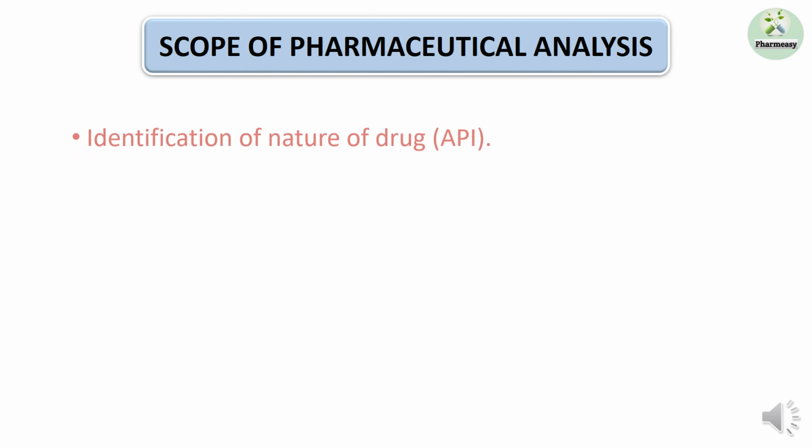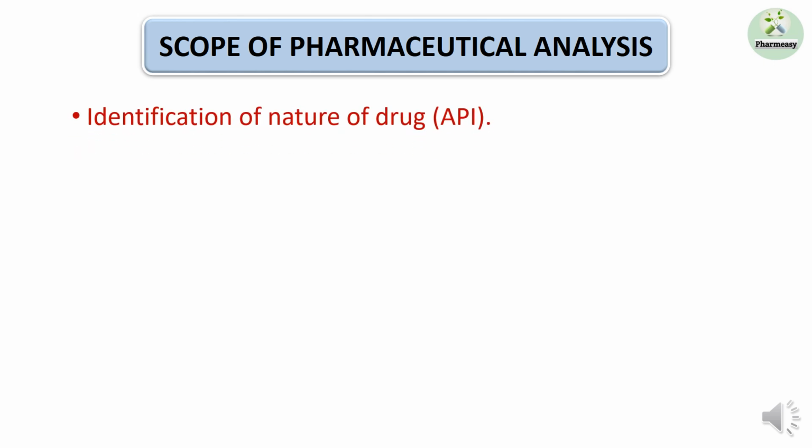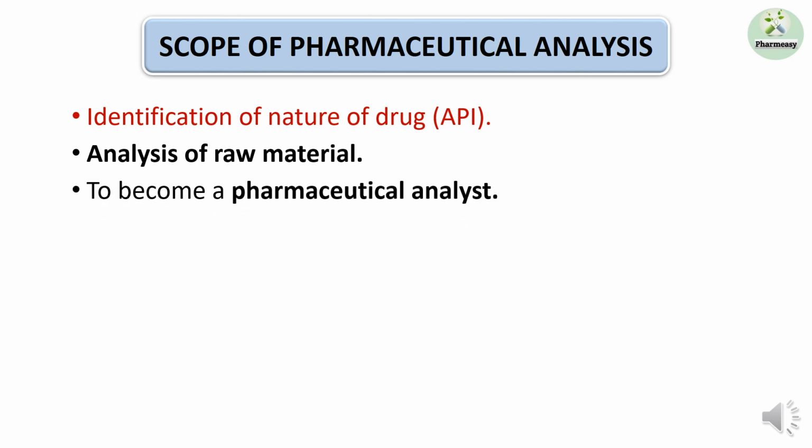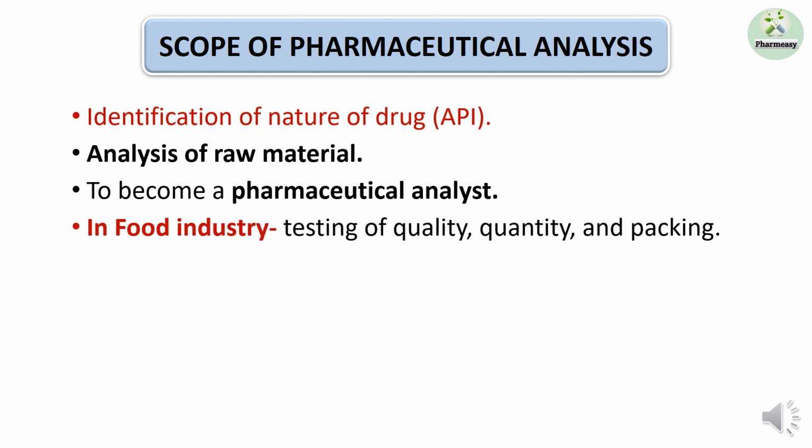Pharmaceutical analysis is involved in the identification of the nature of a drug or active pharmaceutical ingredient. It helps in the analysis of raw material, to become a pharmaceutical analyst. In the food industry, testing of quality and quantity of sample, and it also includes the packaging of product.